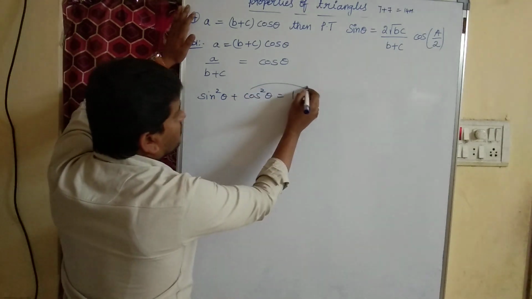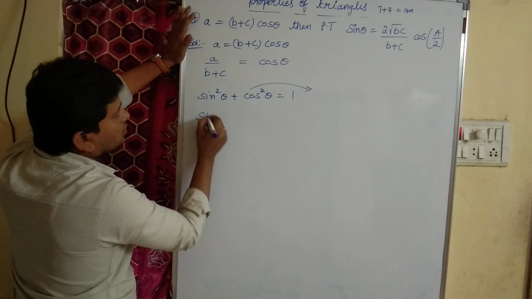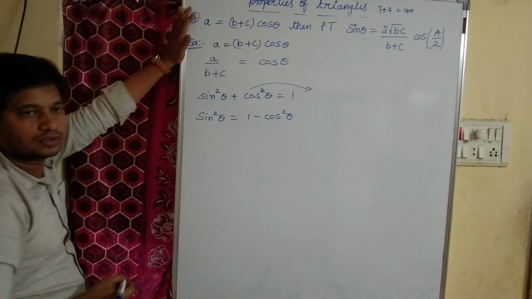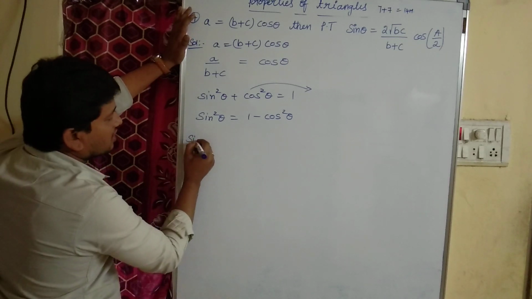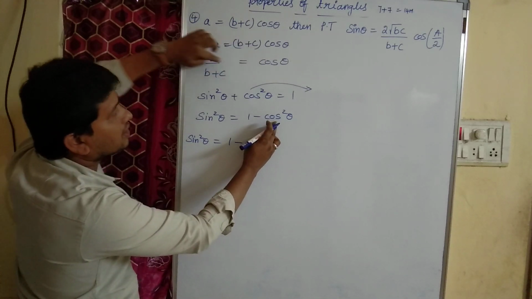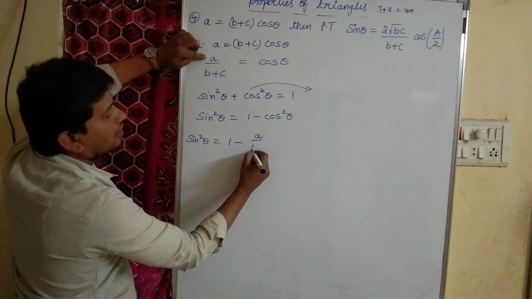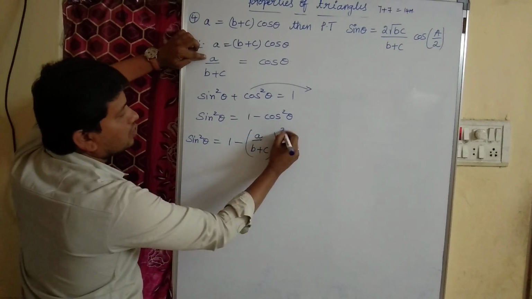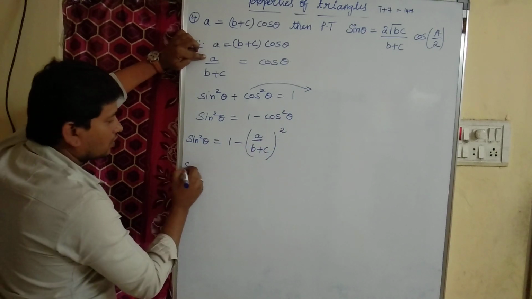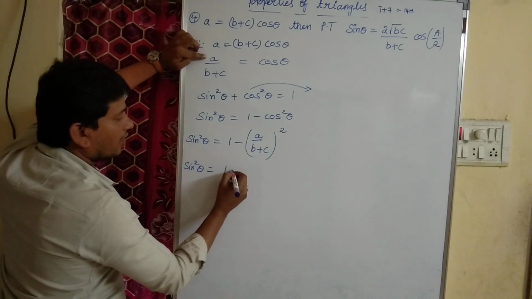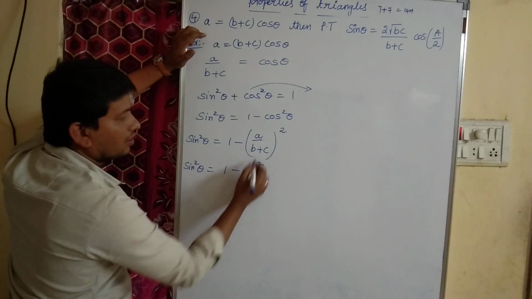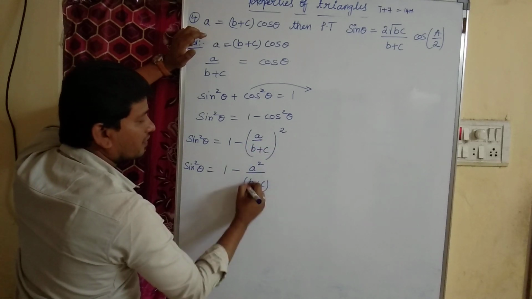So plus cos square theta if you transpose, so sin square theta equal to 1 minus cos square theta. Right? So sin square theta equal to 1 minus, we know that what is the value of cos theta? Cos theta is nothing but a by b plus c whole square. Because square is there, we applied square. Now sin square theta equal to 1 minus a square by b plus c whole square.